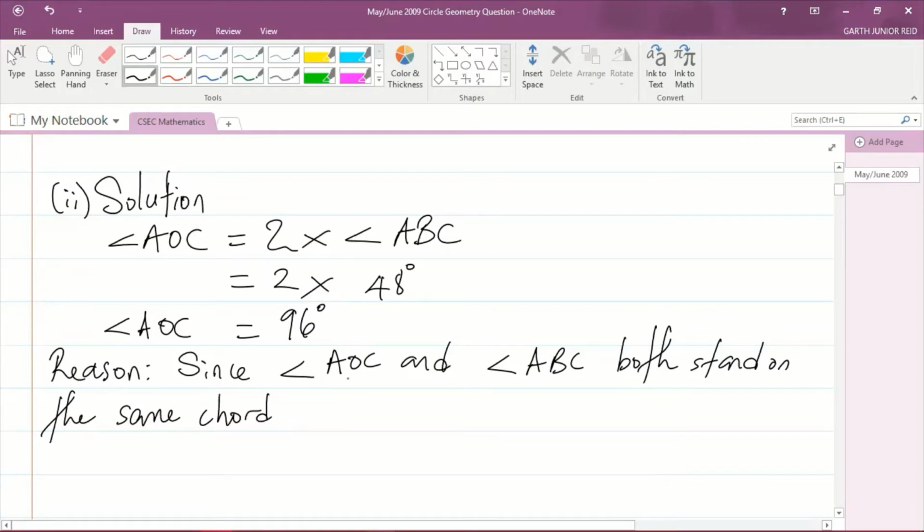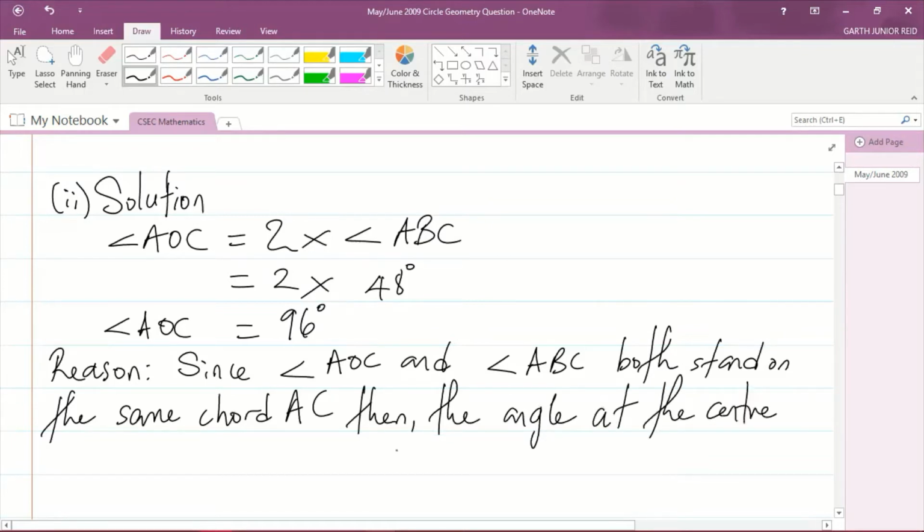So since those two angles stand on the same chord, okay, the chord is AC, then the angle at the center is twice the angle at the circumference, right? Is twice the angle at the circumference.